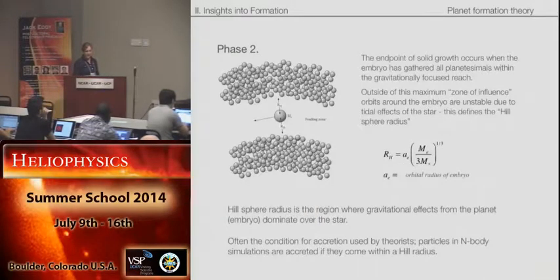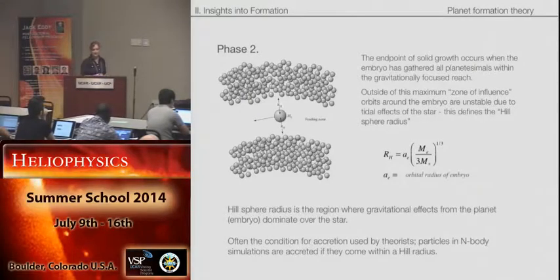Okay, so in phase 2, now the embryo has gravitationally focused and collected planetesimals. It's cleared out a gap, something like this, until the gravitationally focusing part, this sort of zone of influence that it has, reaches the Hill sphere radius.